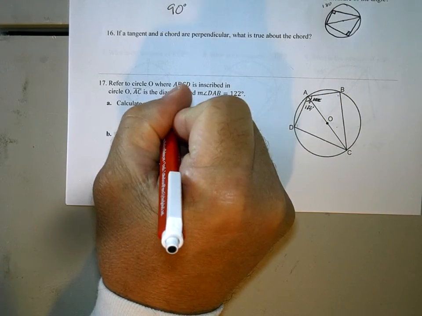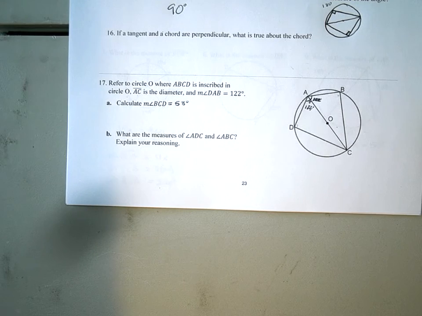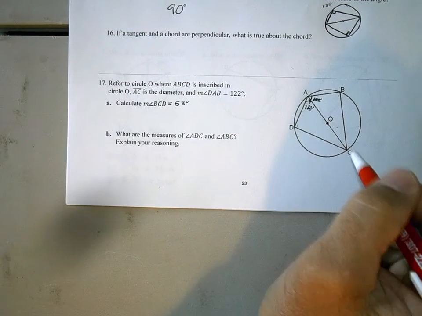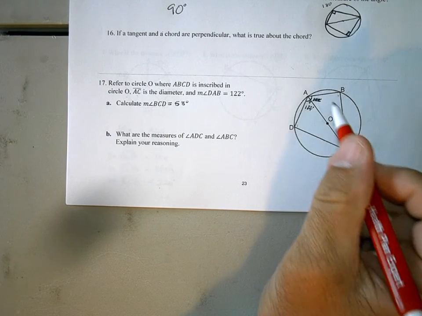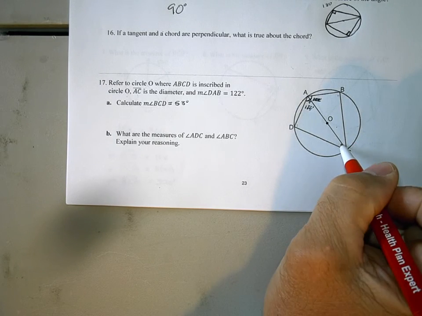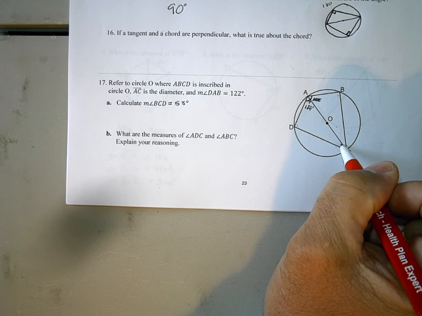Sorry, I made that harder than it had to be. In this case, AC being a diameter really didn't help us much. BDC, because if we know this is 122, this has to be the supplement of it, or 58.